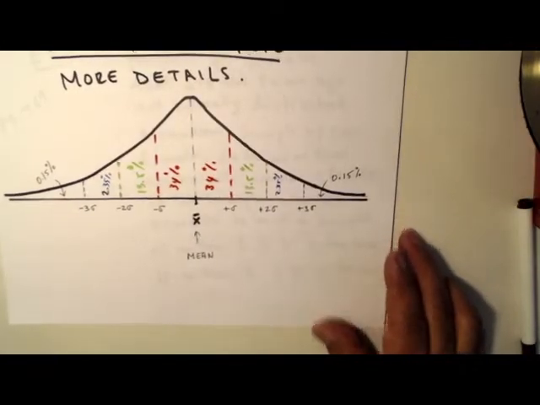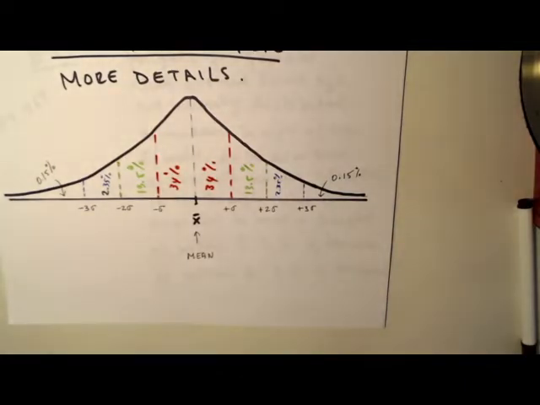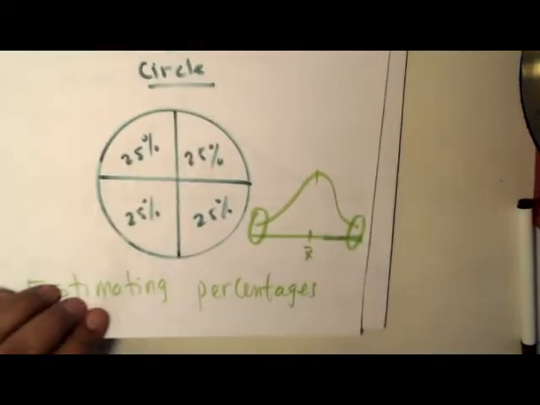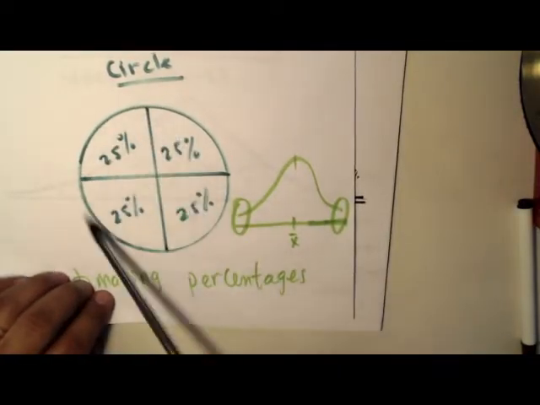Now I have provided here more detail on the distribution of the percentages. Remember that for the pie, it's easily calculated, right? Because in the pie, we can cut it in half. For the pie, it's so simple. We cut the pie in half.